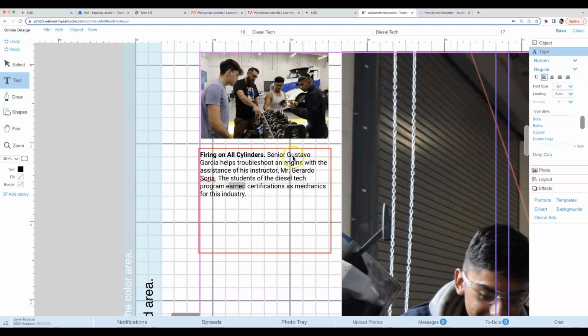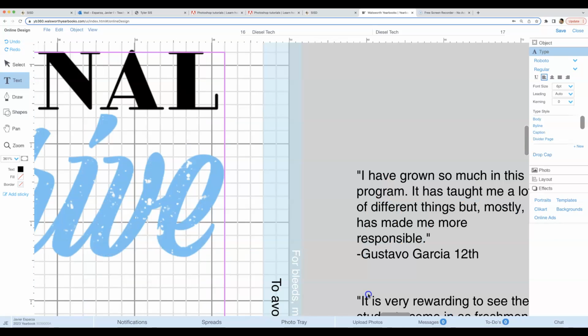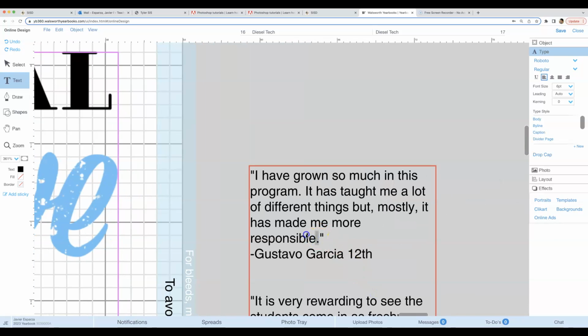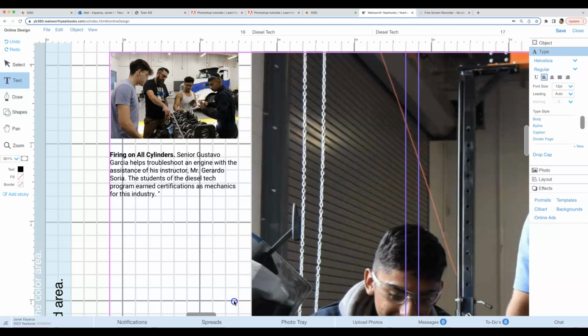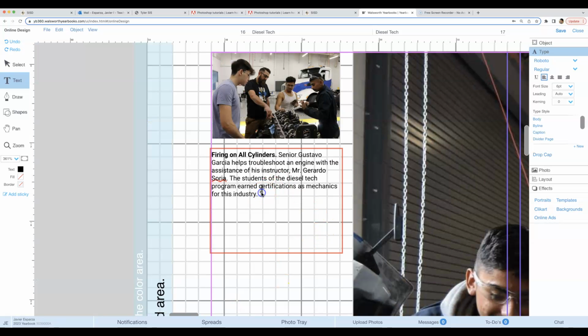All right, so far we have a title. We have the first sentence in present tense with the subject identified. The second sentence in past tense, adding some additional information. And then the last part of this will be the quote. Okay, so I just go back to the quote here. I'm going to copy it, Command C on the iMac, and then paste it into this caption.